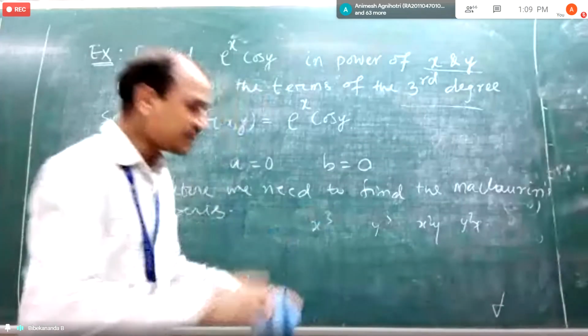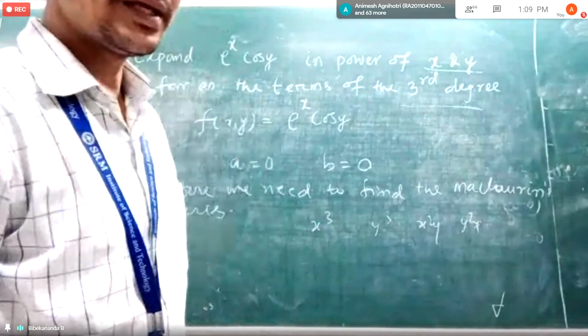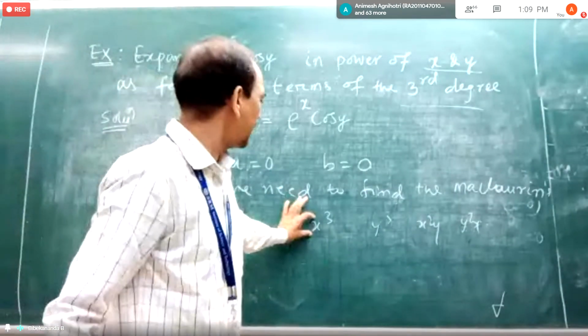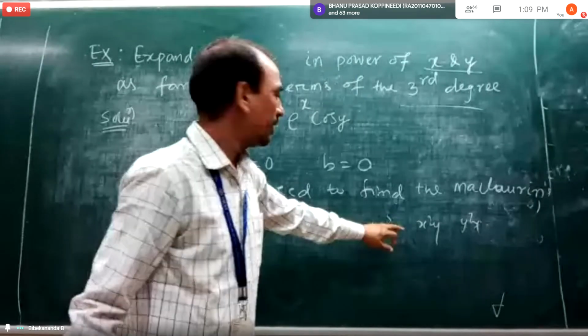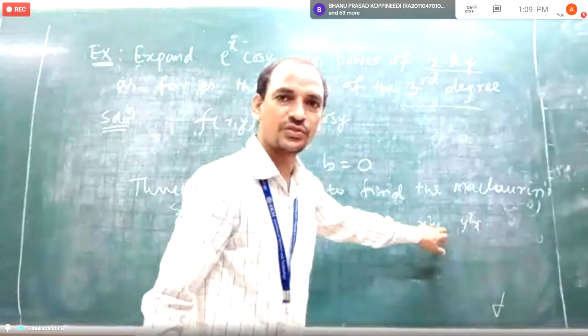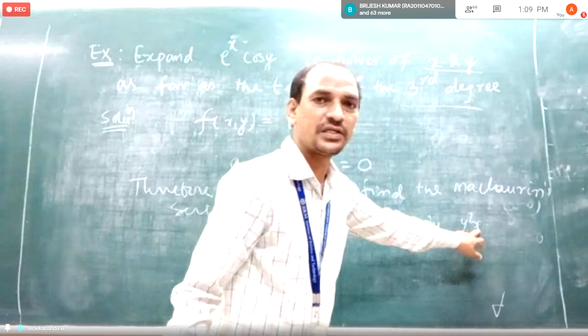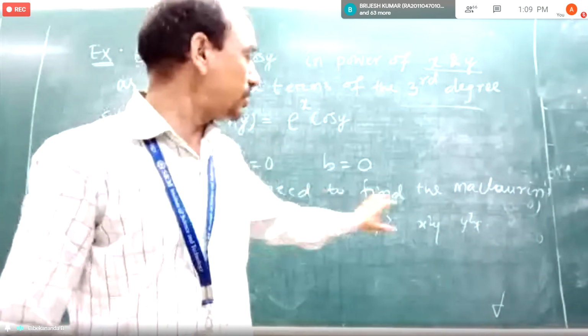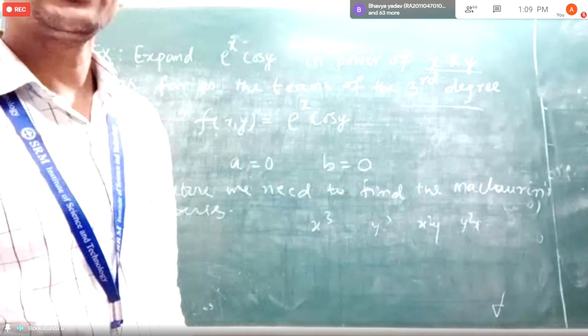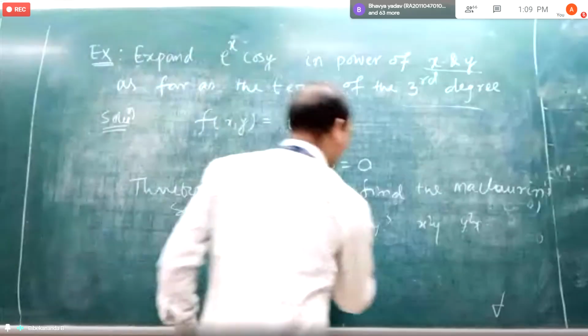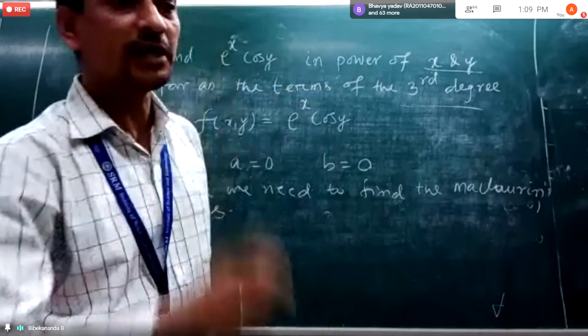These are all third degree terms. Here x is 2, y is 1, so total 3. Y is 2, x is 1, so total 3. So all the terms are of degree 3. So if it is degree 3, up to which order derivative do we need to find?